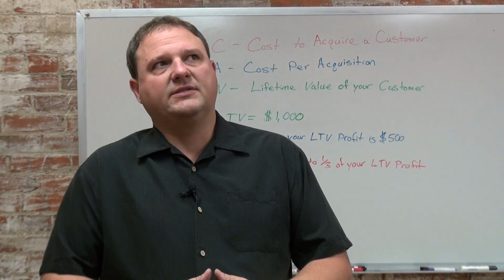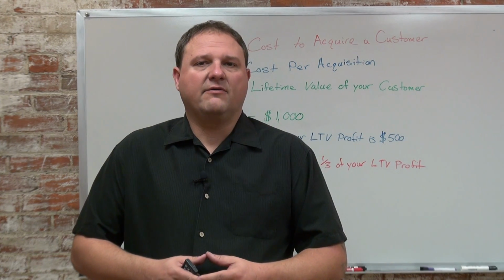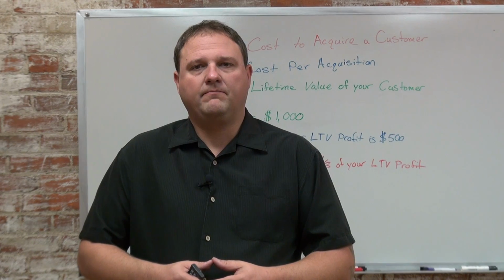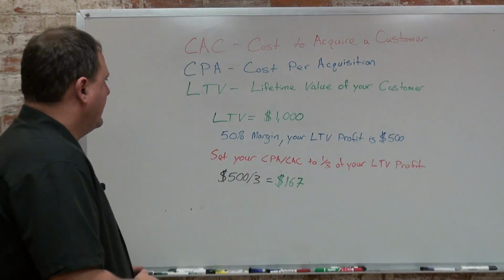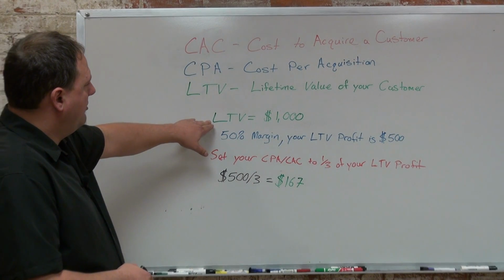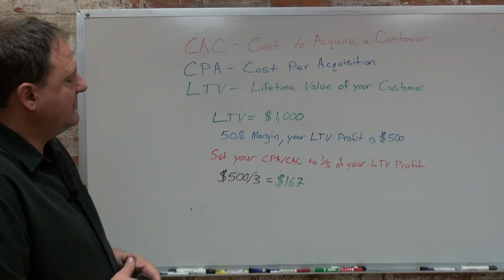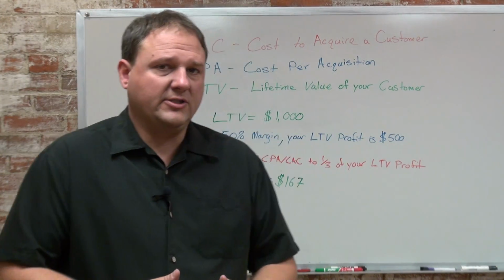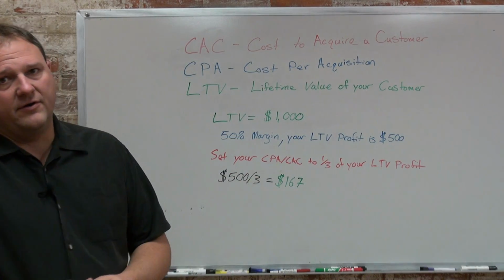So let's just say a customer might order $1,000 over the lifetime. Simple math. So that's what we do, we break that down into, let's just say your margin is 50%. So if your margin is 50%, that gives your LTV profit of $500.